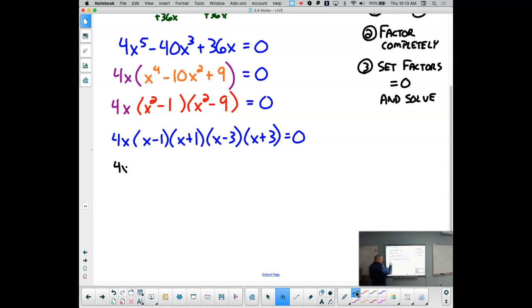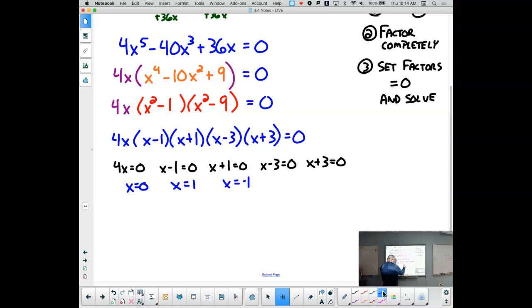So this would be 4x equals 0, x minus 1 equals 0, x plus 1 equals 0, x minus 3 equals 0, and x plus 3 equals 0. So you would get x equals 0, x equals 1, x equals negative 1, x equals 3, and x equals negative 3. Remember how I said we needed 5 answers? 1, 2, 3, 4, 5. We got 5 answers. Yahoo for school.